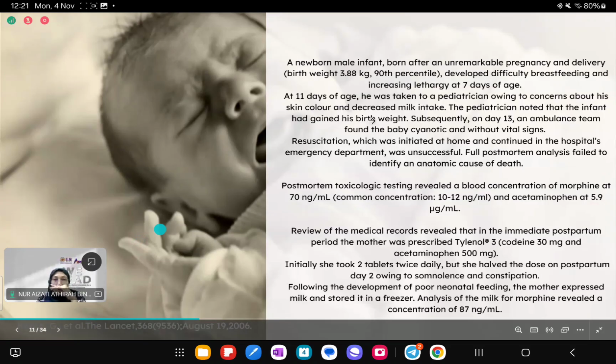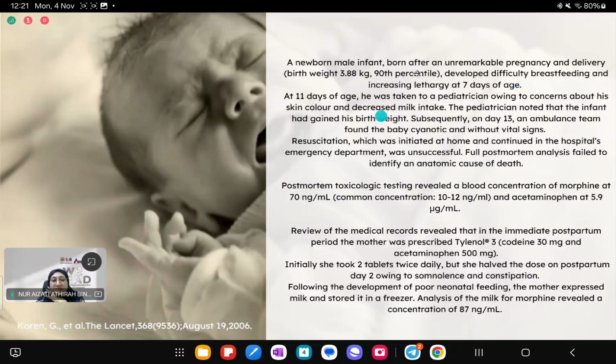Okay, done? This is a tragic story because it involves a newborn infant, born after an unremarkable pregnancy, meaning the pregnancy was going smoothly, delivered at 3.88 kilograms. The baby developed difficulty in breastfeeding and increased lethargy at 7 days of age.